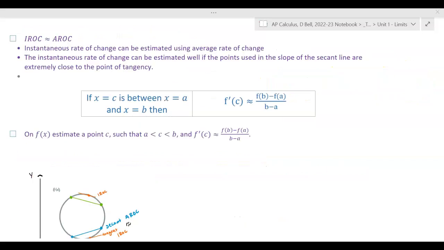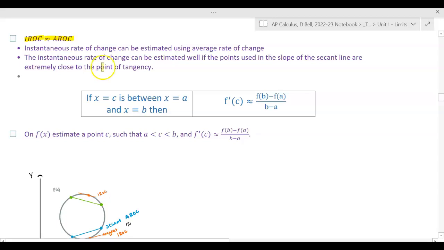Okay, the instantaneous rate of change, the slope at one point, can be estimated by using an average rate of change.